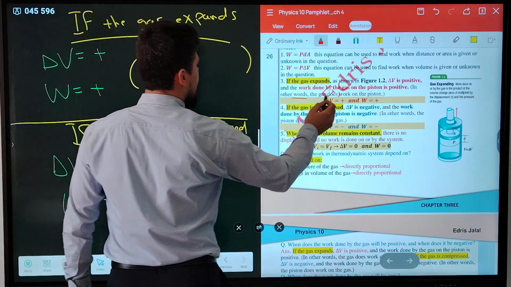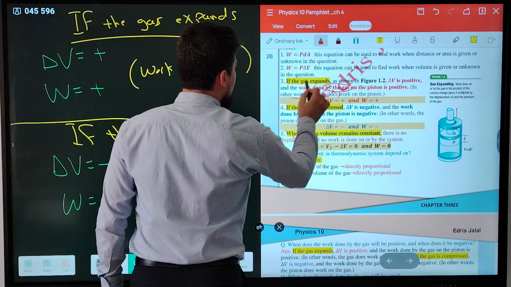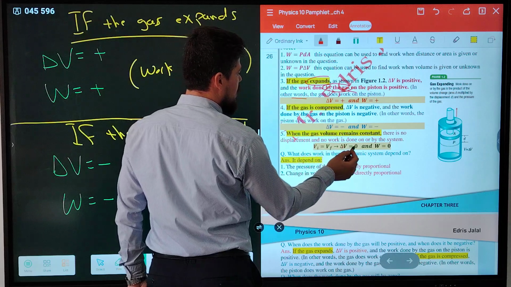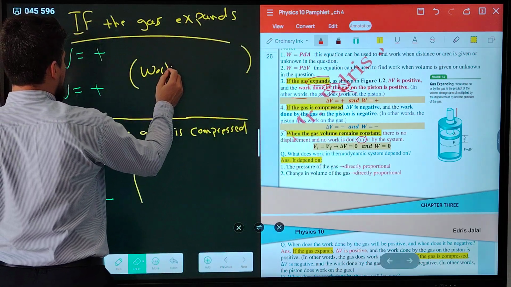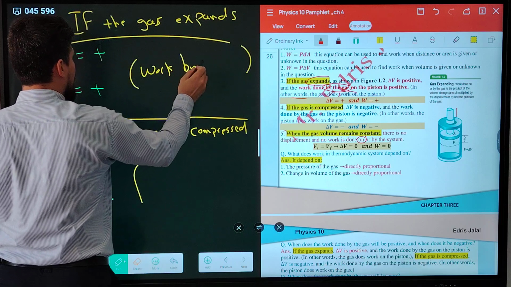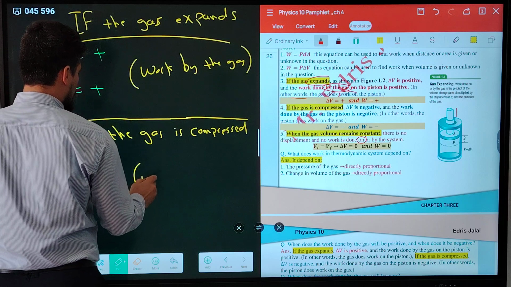In the case of expansion, the work is done by the gas, but in the case of compression, the work is done on the gas.